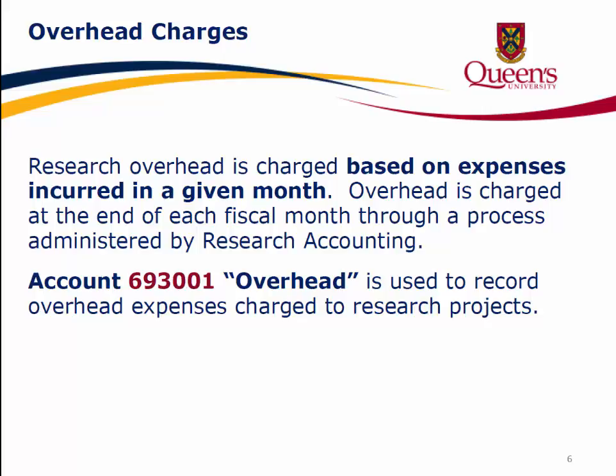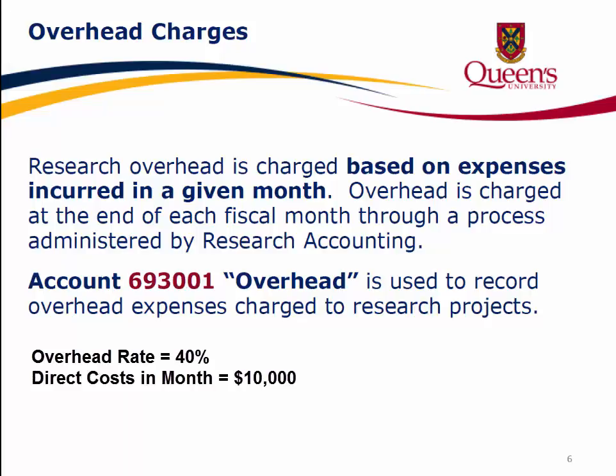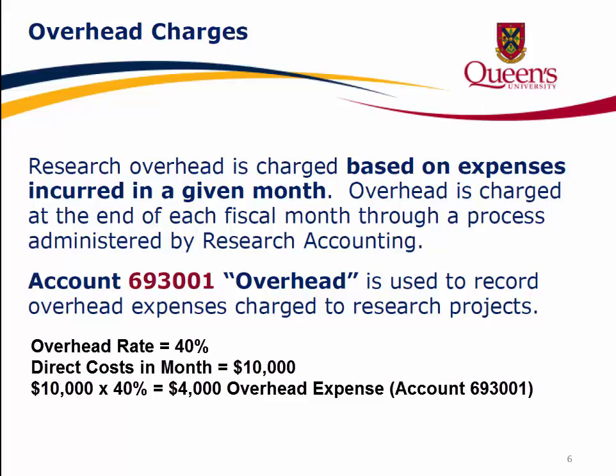Overhead expenses, if applicable, will appear against account 693001. For example, if the overhead rate for a given project is 40% on all direct costs and $10,000 in direct costs were incurred in the month, a $4,000 overhead expense would be charged to the research project against account 693001 at the end of that month.